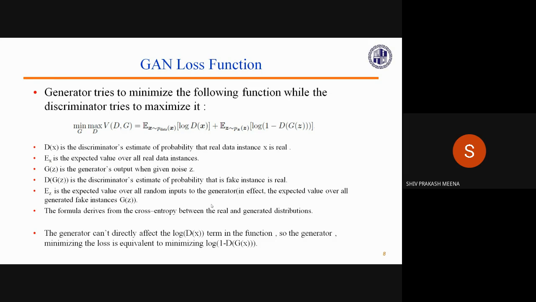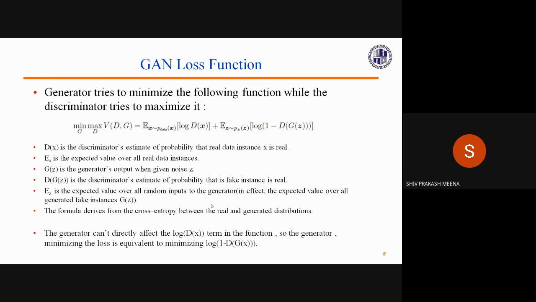In this I am using the generator of z, the expected value over z. So what is G of z? Here G is my generator, and I provide it random noise z.